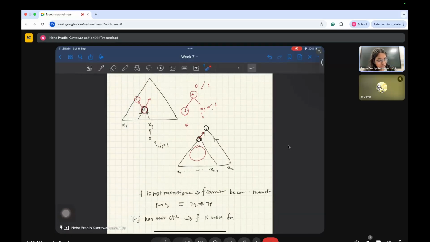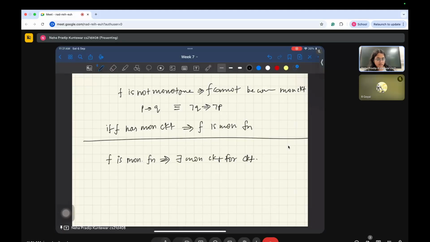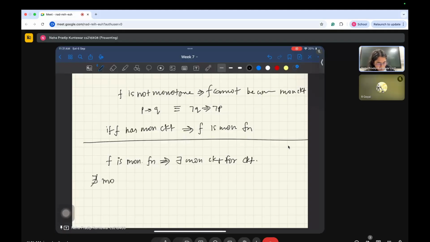So either we will have to show that f is a monotone function implies there is a monotone circuit for f, or if you want to go with the negation, then the correct thing would be that there does not exist a monotone circuit for f implies f is not monotone.